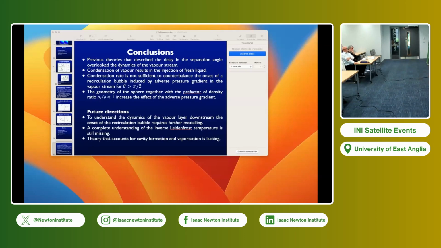And as I emphasized again, a complete understanding of what we call the inverse Leidenfrost temperature is still missing. As it happens with the Leidenfrost temperature, where droplets are observed to be steady even when the temperature of the plate is below the Leidenfrost point, here it will happen the same.